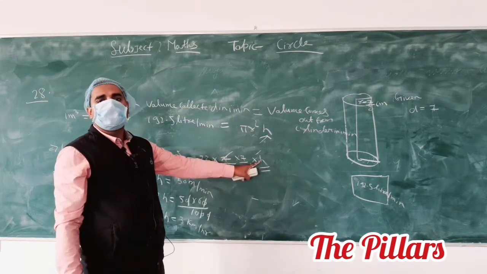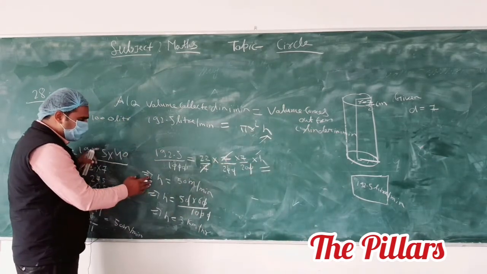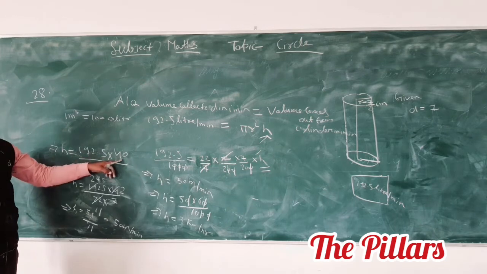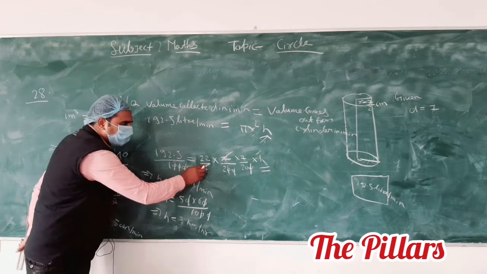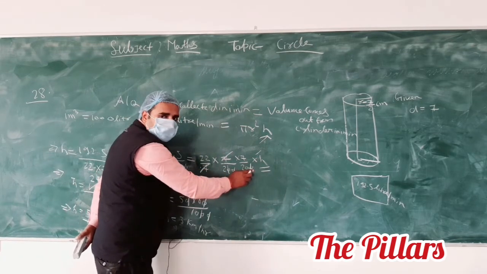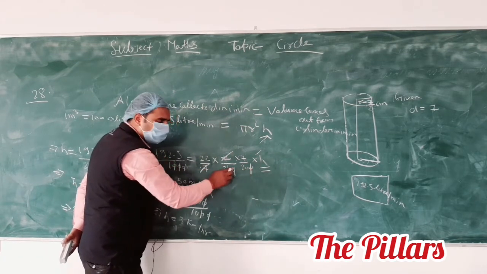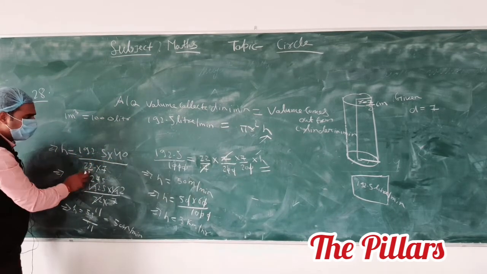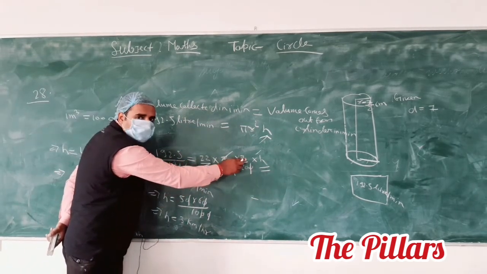This implies that the value of h has to be calculated: 192.5 into 40. You see that 7 and 7 cancel out, and 10, 20, 30 cancel out, leaving 20 into 2, which is 40. So 192.5 multiplied by 40 divided by 22 into 7.